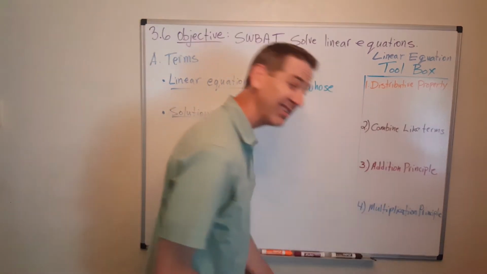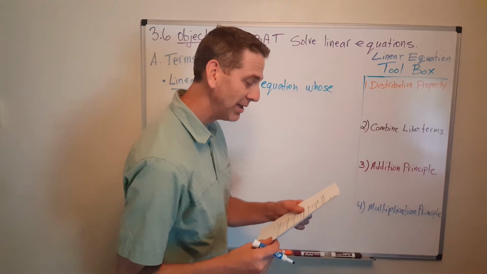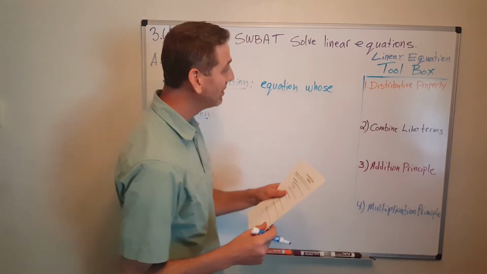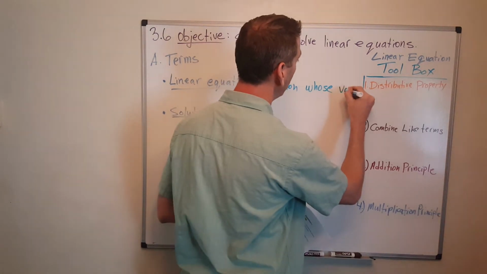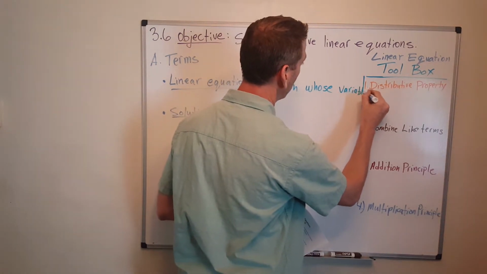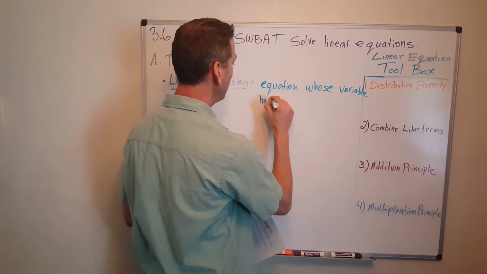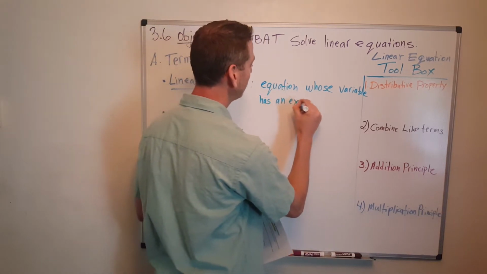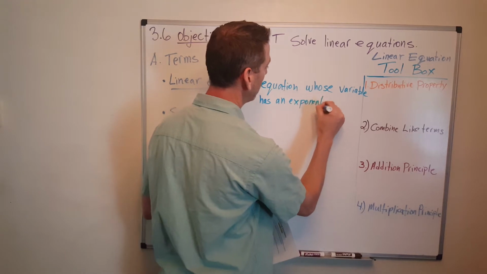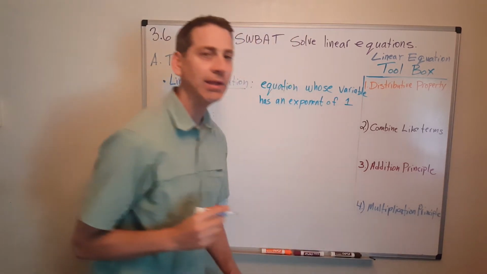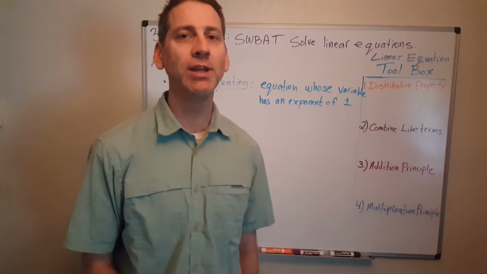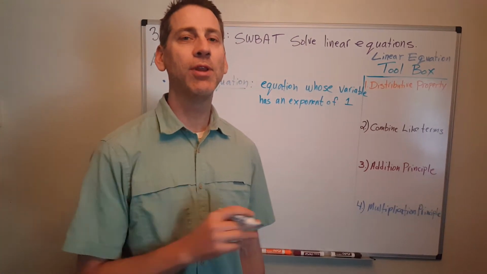I wrote the definition much better in my notes. It's an equation whose variable has an exponent of 1. All right, so in any linear equation, the exponent is going to be a 1.